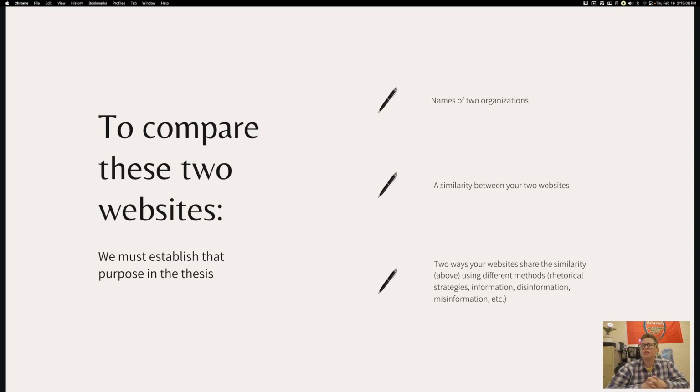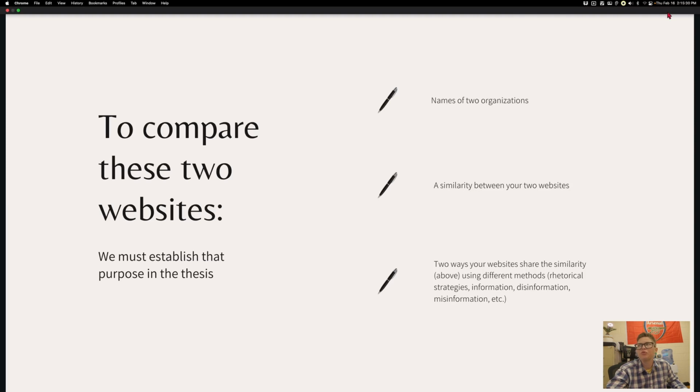Okay, two ways your websites share that particular similarity using different methods. Right, and let me develop that here a little bit. It could be different rhetorical strategies. It could be different information types. It could be disinformation. It could be misinformation, right? So you have so many options here. All right, so just keep that in mind.